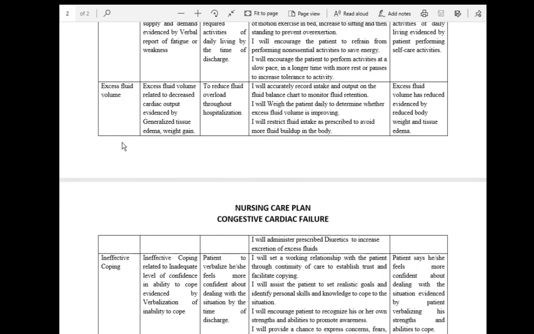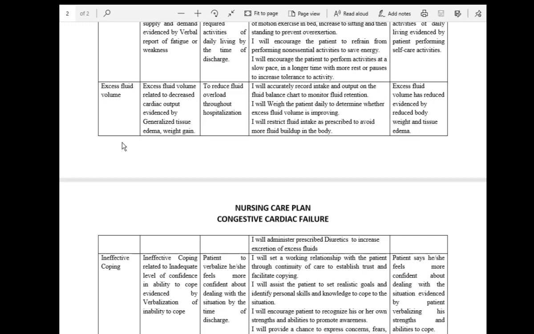So our nursing diagnosis: excessive fluid volume related to decreased cardiac output, evidenced by generalized tissue edema and weight gain. Because of this excessive fluid volume in the patient's body, it will manifest by edema and weight gain.